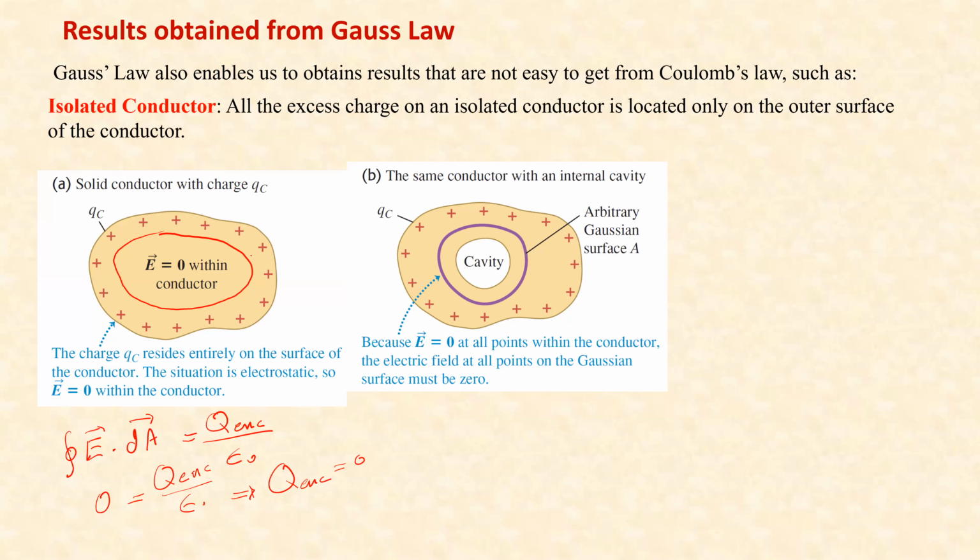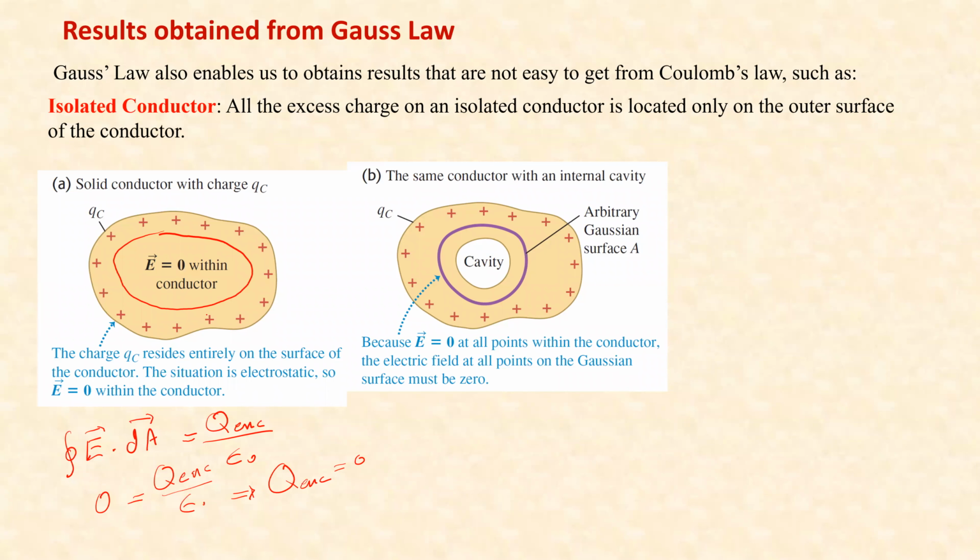And then you can do the same argument and make this Gaussian surface larger and larger to approach the surface of the conductor. All this argument holds as long as this Gaussian surface is within the surface of the conductor, and you can approach it to the surface.